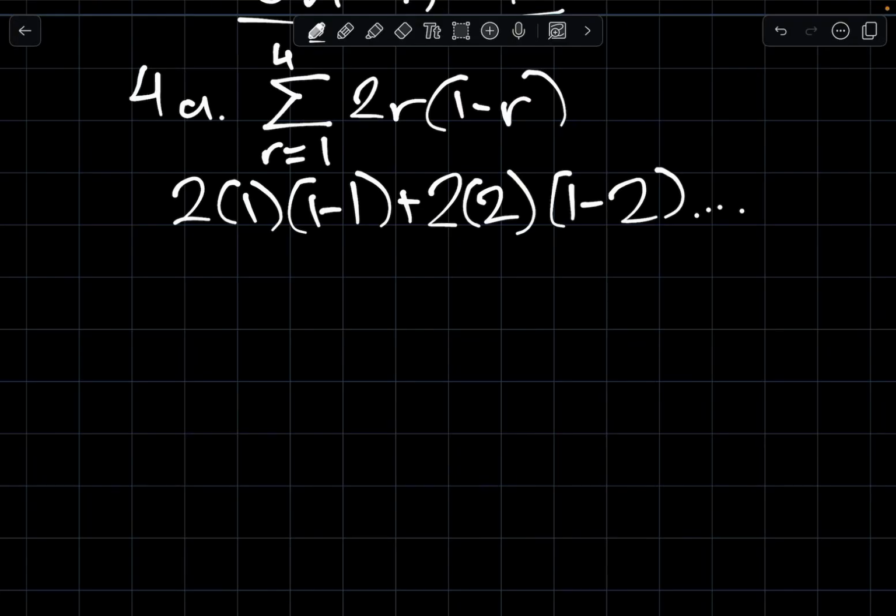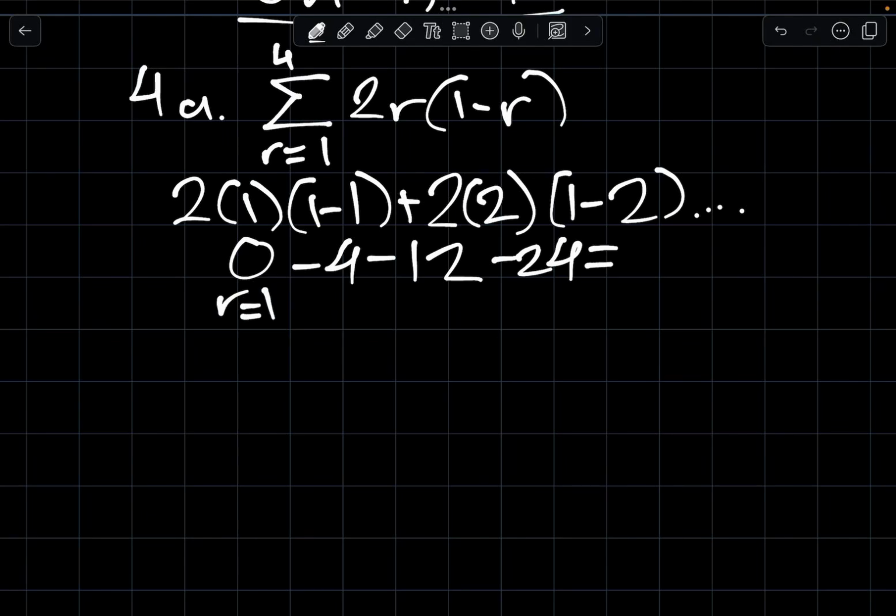This ends up getting us 0, minus 4, minus 12, minus 24. And just to recollect, this is r equals 1, r equals 2, r equals 3, and r equals 4. I just didn't write r equals 3 and 4 because of space.